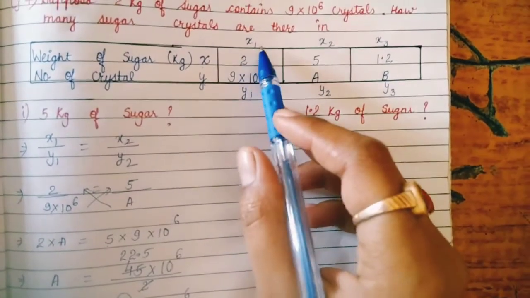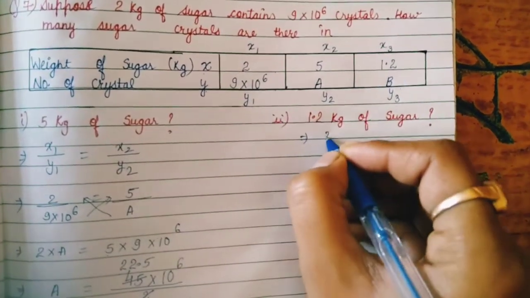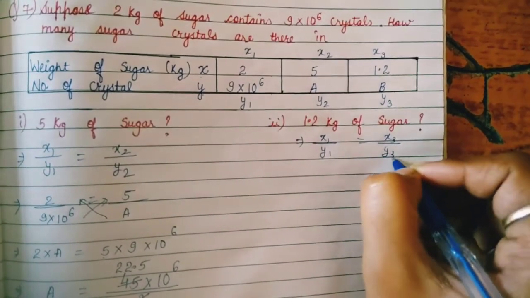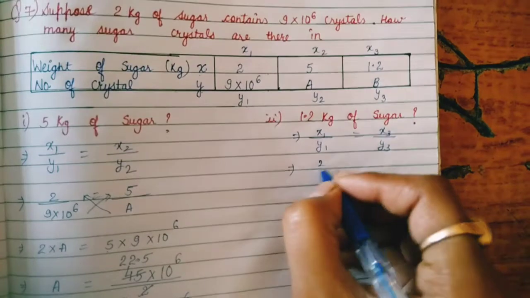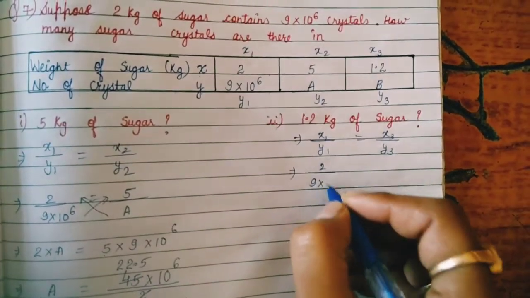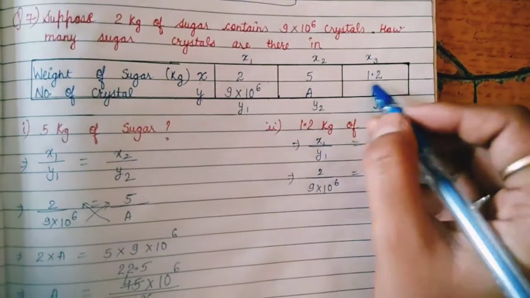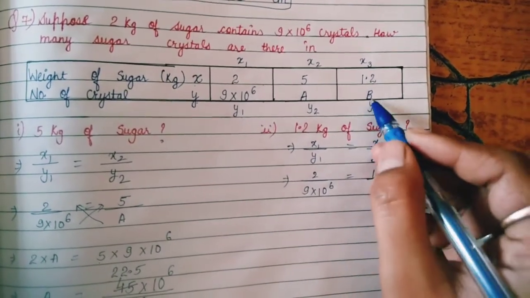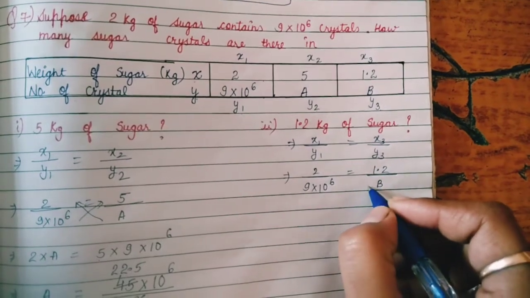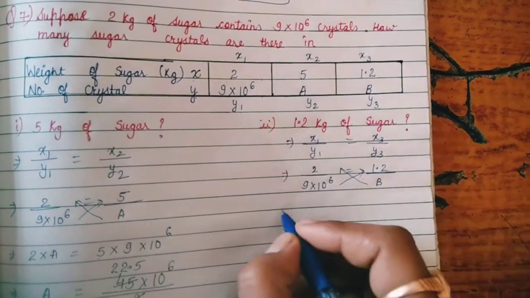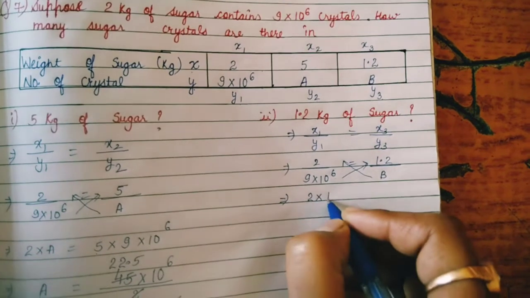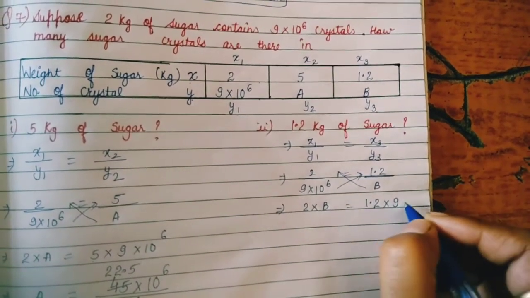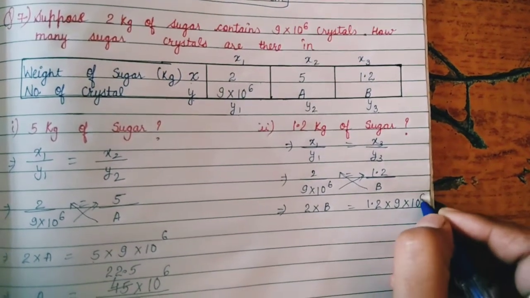Same as it is for the second one. For the second one, we will compare x1 by y1 with respect to x3 by y3. x1 is 2, y1 is 9 into 10 raised to the power 6, x3 is 1.2 and y3 is B. Here we will do the cross multiplication. 2 will multiply by B and 1.2 will multiply by 9 into 10 raised to the power 6.